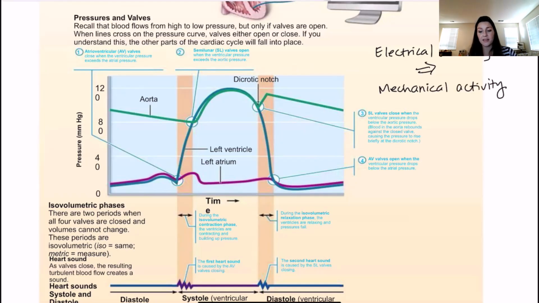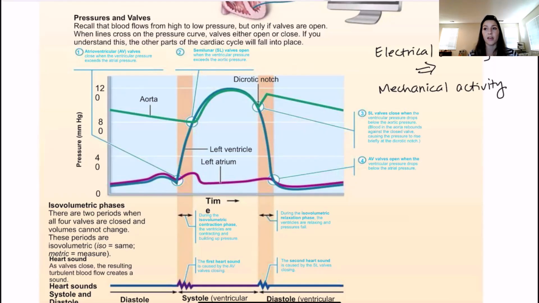What I mean by this is that the electrical stuff, the depolarization, the repolarization, leads to the contraction or the relaxation, the systole or the diastole.